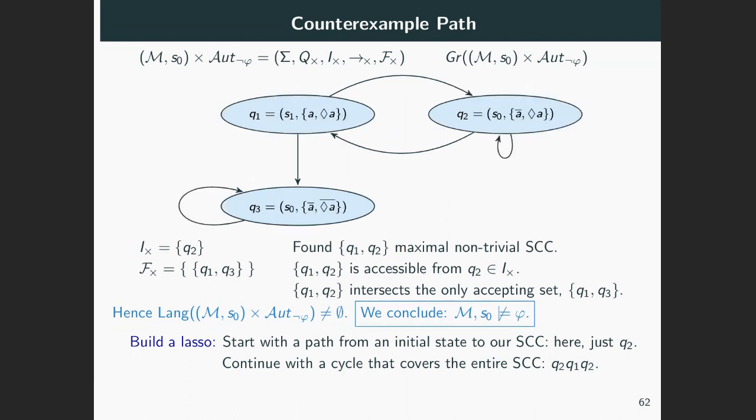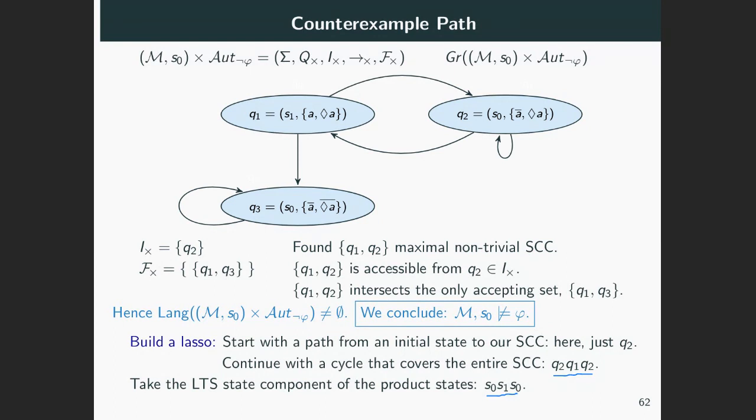Now, it is time to remember how the states of our product automaton look. So remember that Q1, Q2, and Q3 denote some specific product states, which are now shown in the picture. Our desired counterexample path is obtained by taking the LTS state component of the product states of our accepting lasso. Here, from Q2, Q1, Q2, we get their components S0, S1, S0.